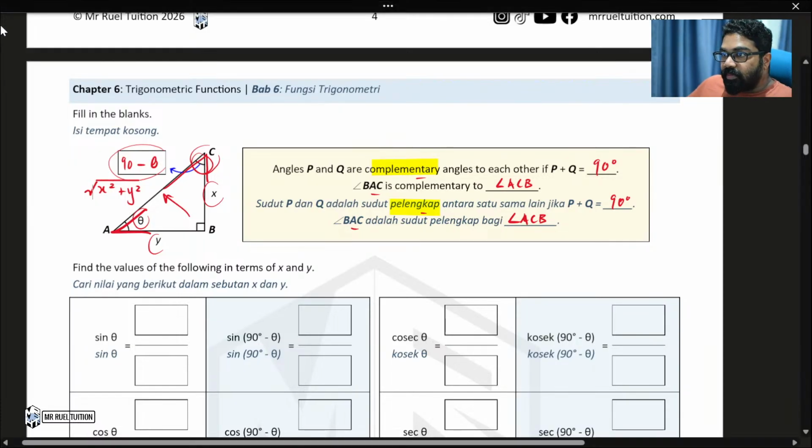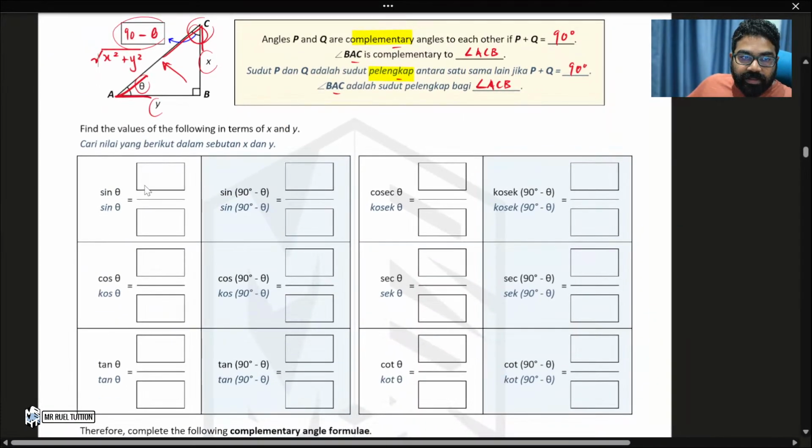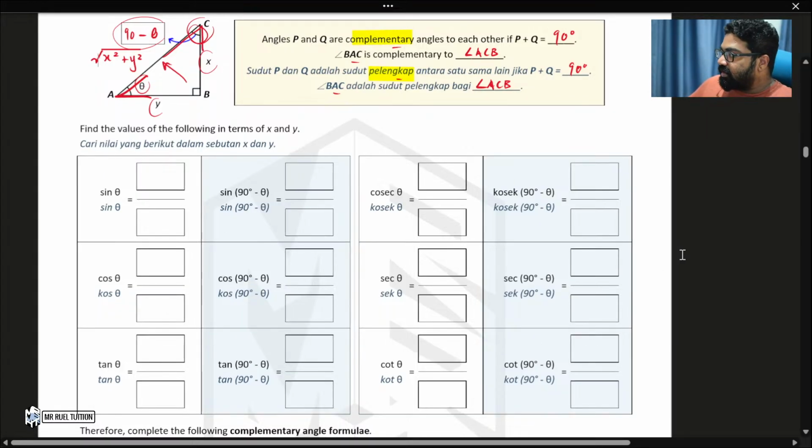So now I want you to practice. Okay. Cuba buat semua ini. Fill up all of this. I give you 2 minutes. Isi semua ini menggunakan sisi AB, BC and AC. Try.